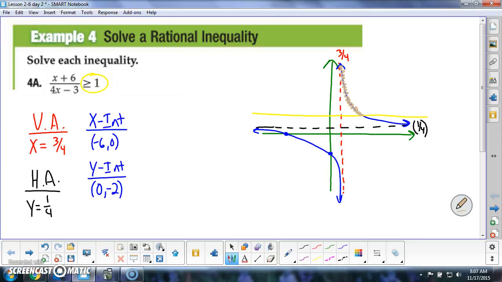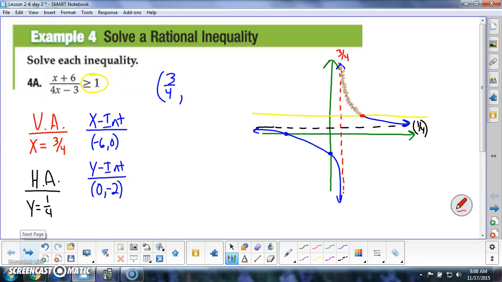This is where it's above that yellow line. So we have to give an answer on that region. Our answer is going to go from the asymptote 3/4 until we get to this coordinate point right there. So we're going to have to figure out what that coordinate point is.